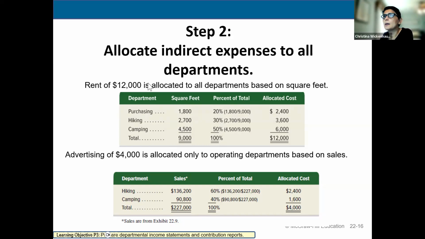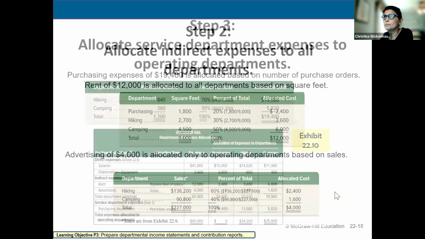So then we can multiply that percentage by the cost, the 1,200, and we know how much we're allocating that cost. And so 4,000 in advertising is allocated based on sales. So they're looking at just the sales for these two departments, taking a proration of it. So we have a 60 and 40%. And so we're able to take those percentages times the total to get the allocated cost.